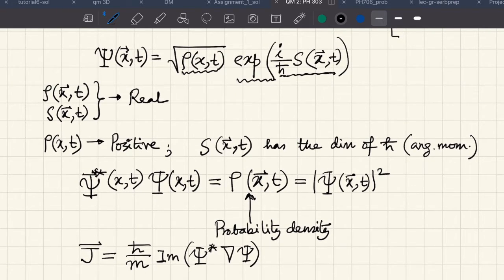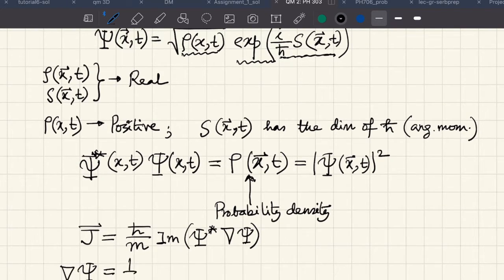When the gradient operator acts on psi, it gives us half from the square root, then 1 by square root of rho of x,t, and then del rho of x,t times the phase factor, e to the power i by h bar S of x,t.